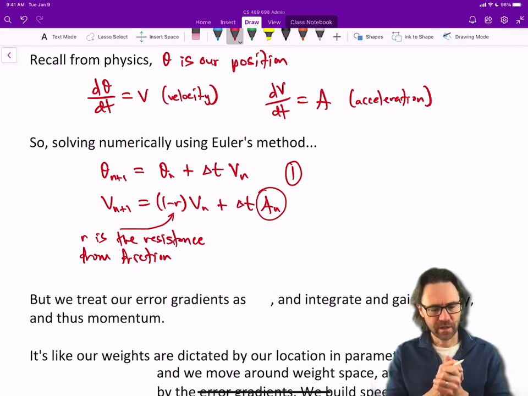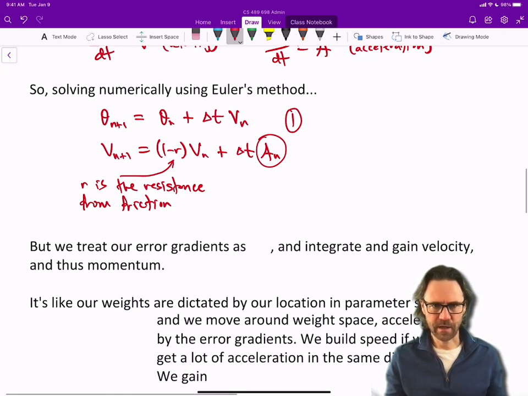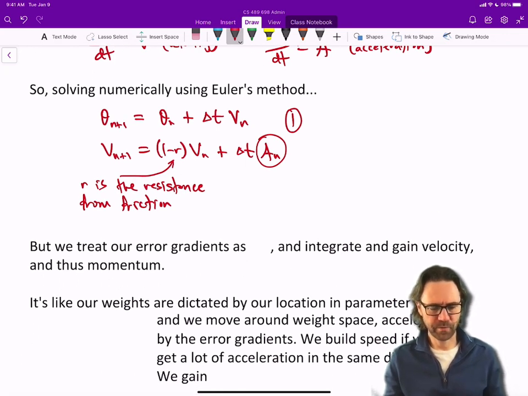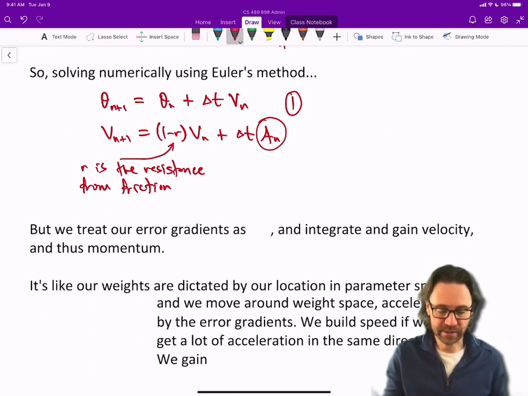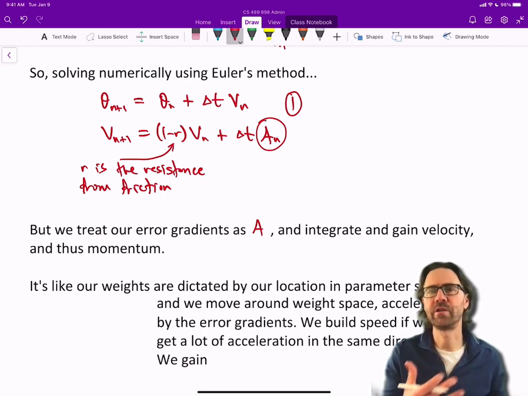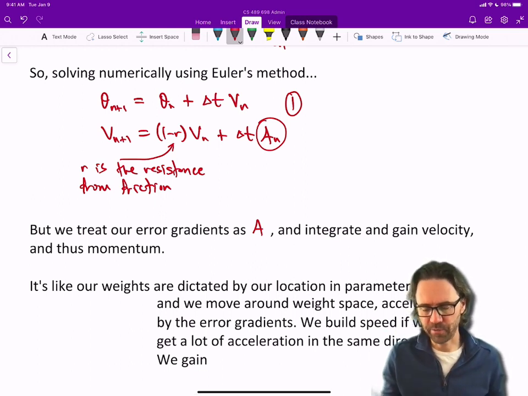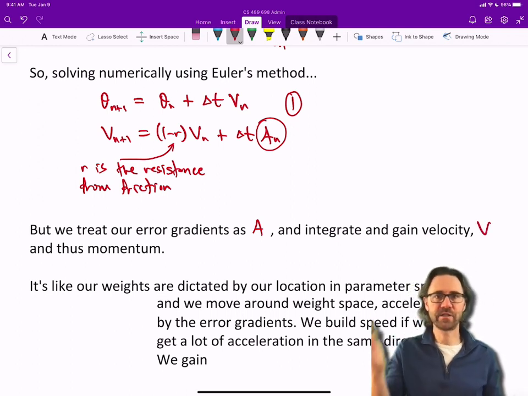So we're going to say we treat our error gradient as A. So our error gradient is going to be our acceleration, and we're going to integrate and gain velocity v and thus momentum.